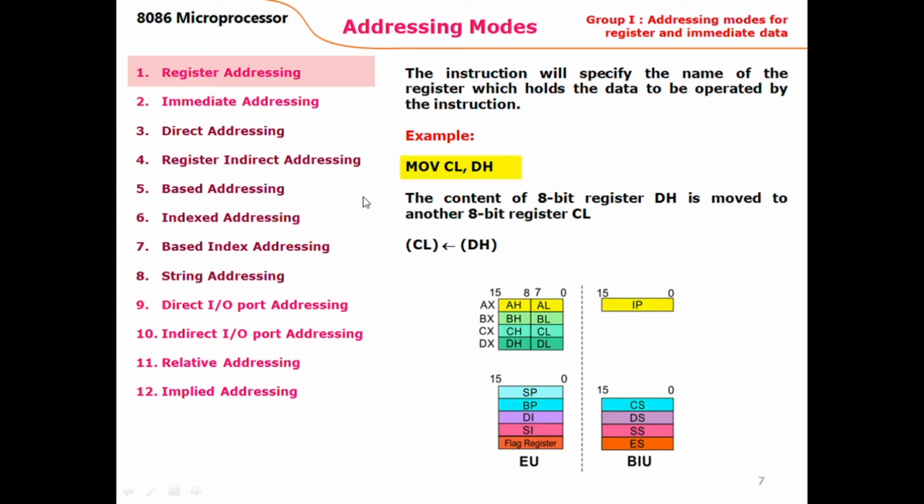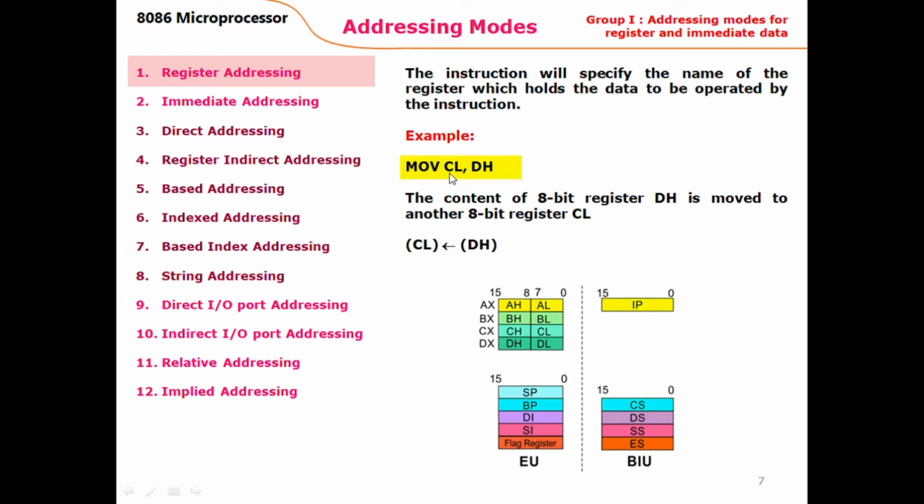So this instruction moves the 8-bit content in the register DH to another 8-bit register CL, and both of these operands have been stored in registers and their names have been included in the instruction.